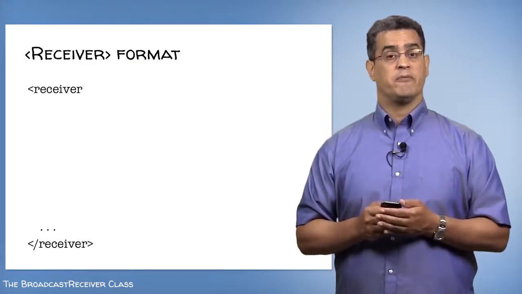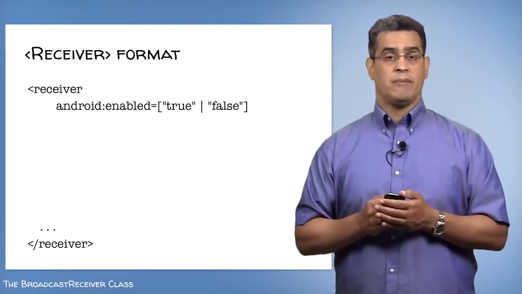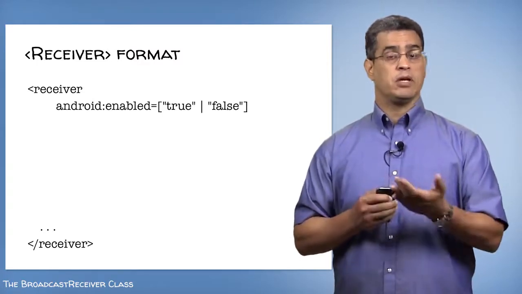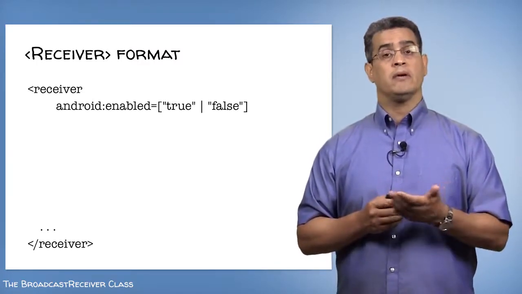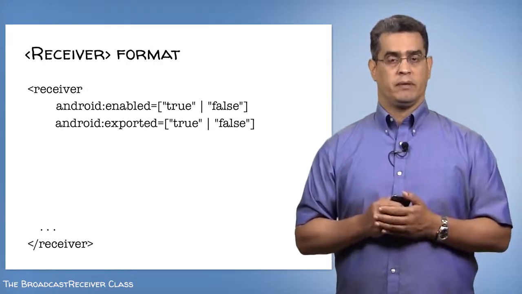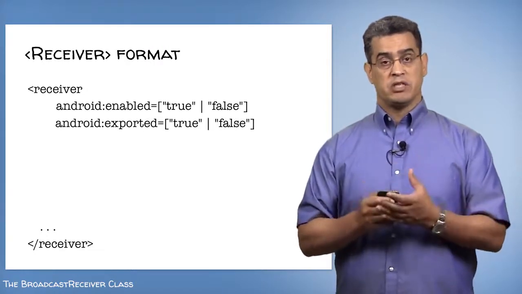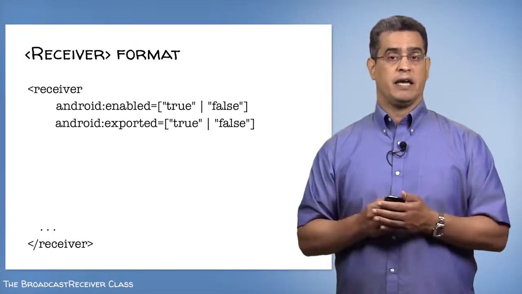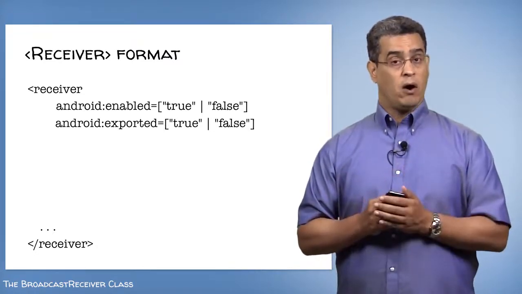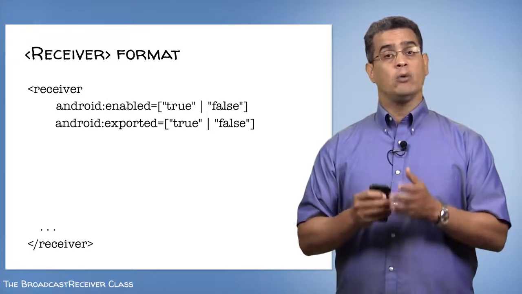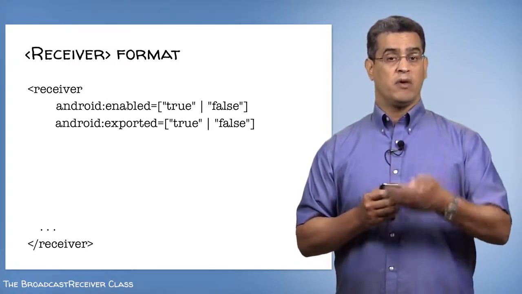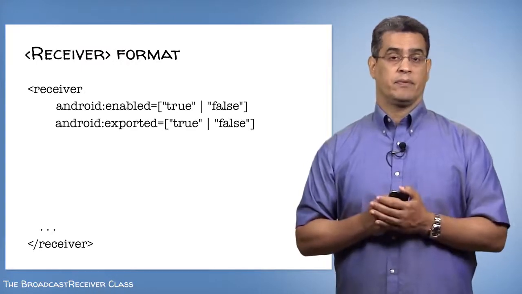And some of those attributes include Android enabled, which allows you to enable or disable a particular receiver. Another is Android exported. If set to true, then this receiver can receive broadcasts from outside its application. While if it's set to false, then the receiver can only receive intents that are broadcast by other components within this application.